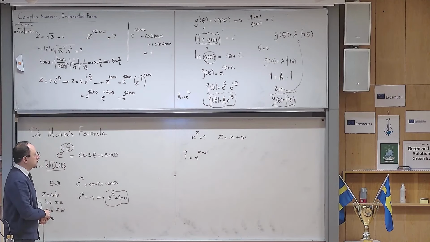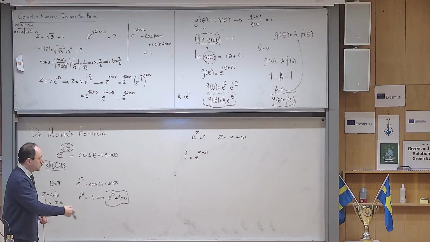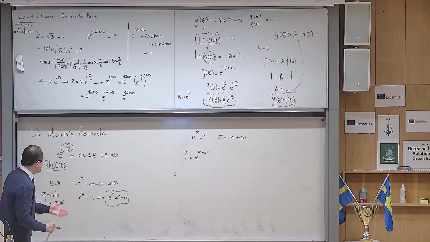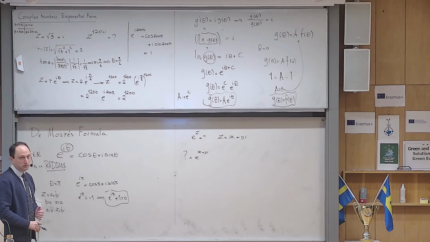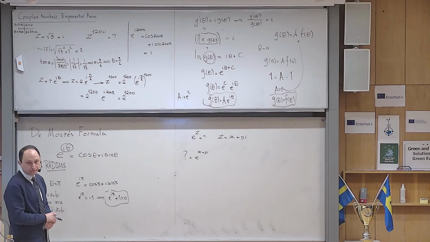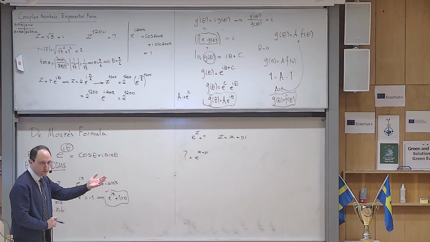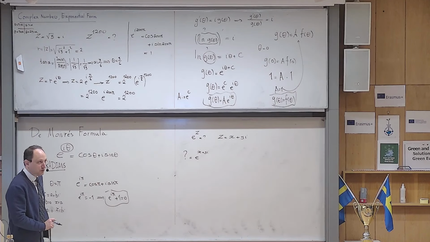What do you think is a good definition of this, which is consistent with all the rules that you have learned so far, and it is also consistent with this? In principle, I can just simply define it for you because definitions don't need proof, but it is better to motivate why the definition is good.